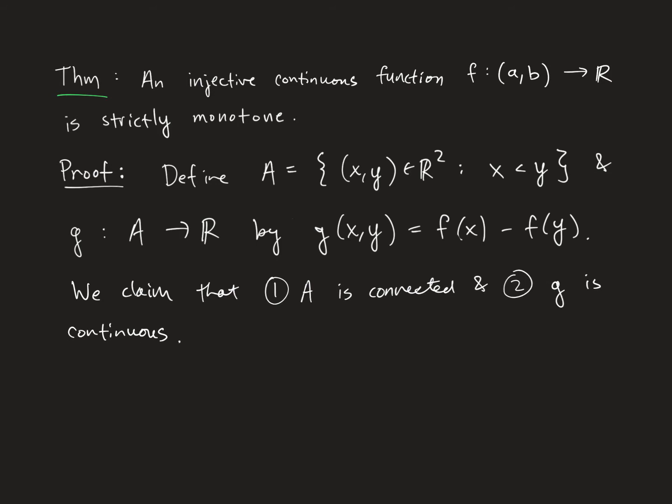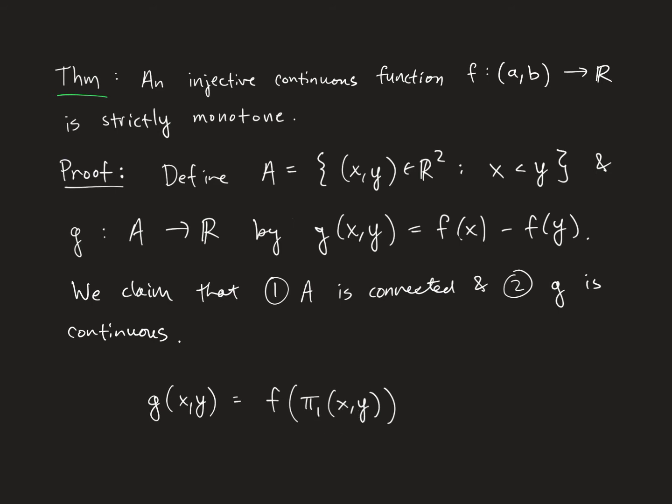The second claim is simple as well. So g of x, y is f of pi 1 of x, y minus f of pi 2 of x, y. This is basically a composition of continuous functions. Pi 1 is the projection of this pair of points x, y onto the first coordinate, so this takes x, y to x.